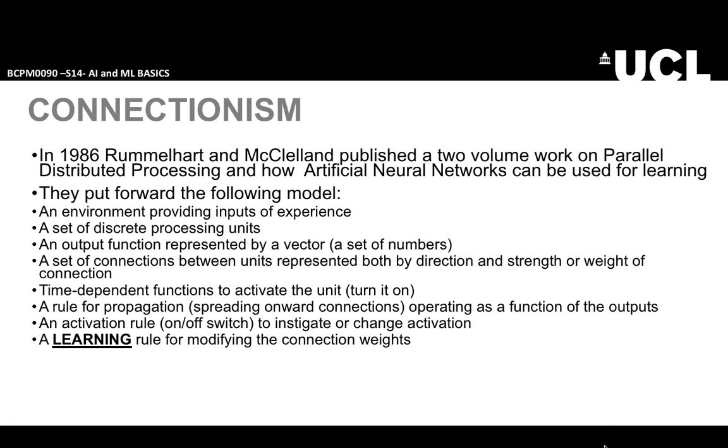So to put the model into practice, we need to provide inputs of experience, a set of discrete processing units, an output function, a set of connections between the different units represented by direction and strength, time-dependent functions to activate the unit, a rule for propagation, an activation rule, and even more important, a learning rule for modifying the connection weights.